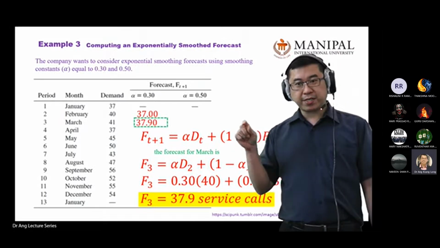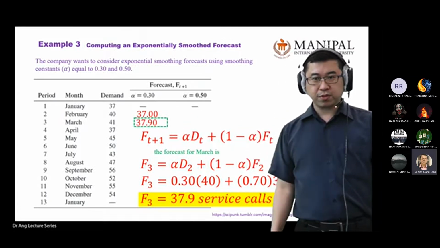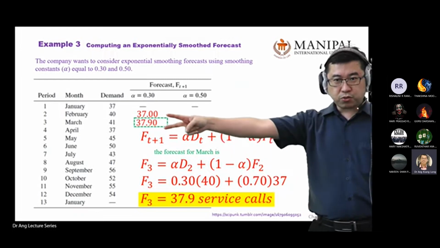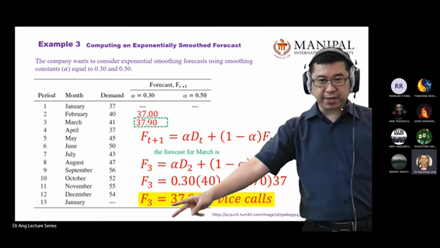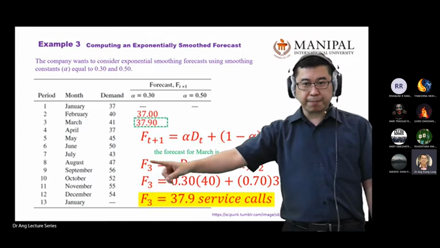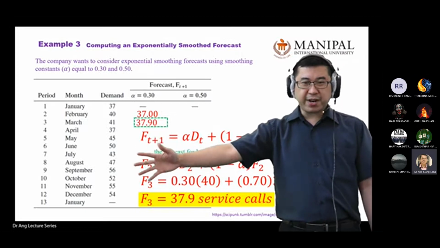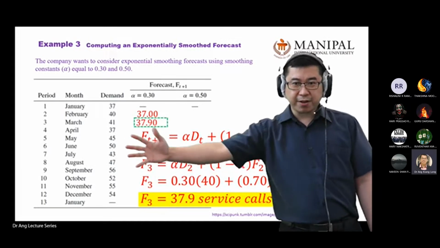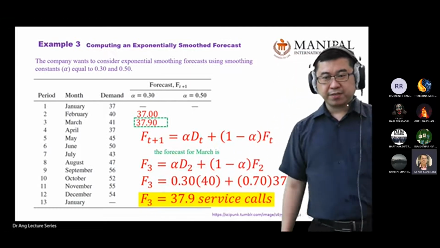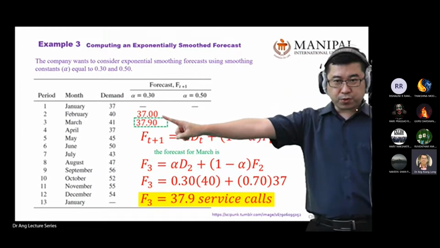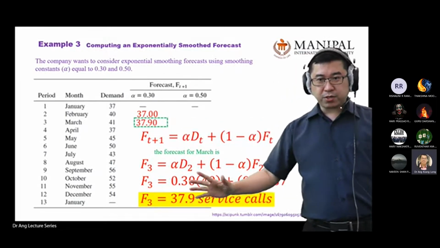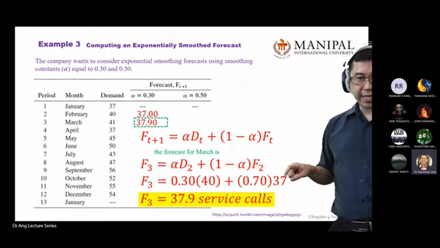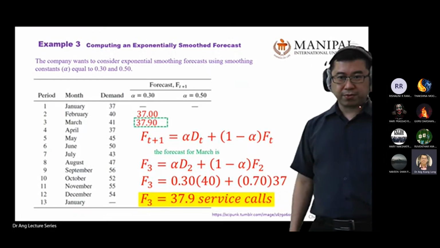Important are the first two numbers. If the first two numbers are correct, the rest should be correct. Although there may be some minor mistakes, it's very rare. If the first one is wrong, the second one is surely wrong already, because you are recycling your F2.